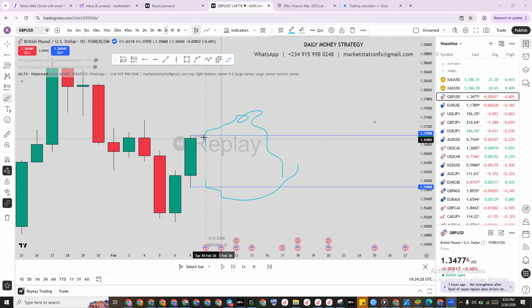Now, when market takes this high as liquidity, we can hear you, sir. So when market takes this high as liquidity, it will hit a sell zone. And when market runs into a sell zone, to confirm your sell, you wait for change of structure, or what is called change of state of delivery.